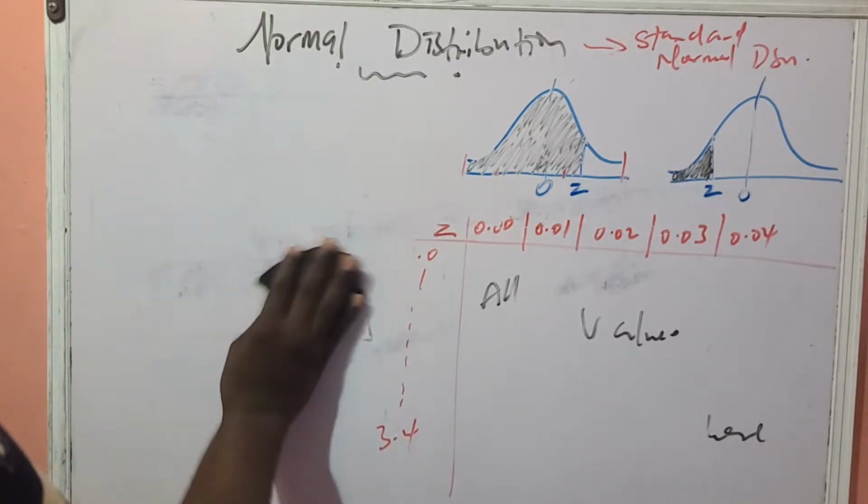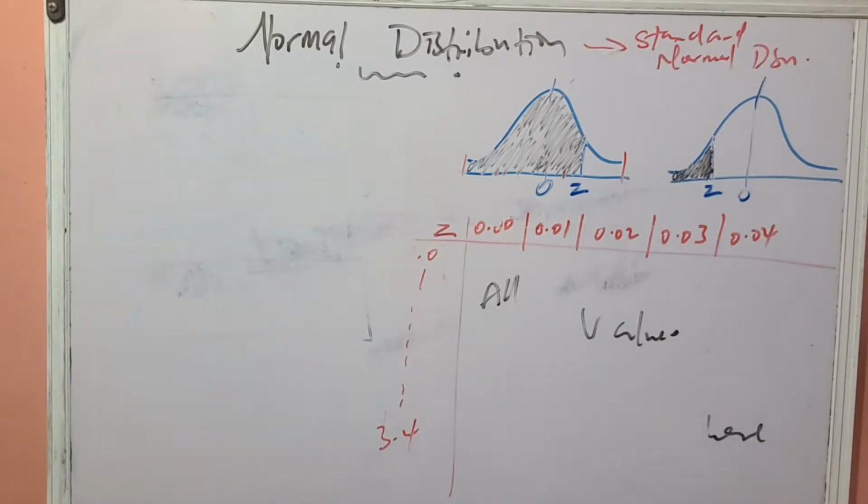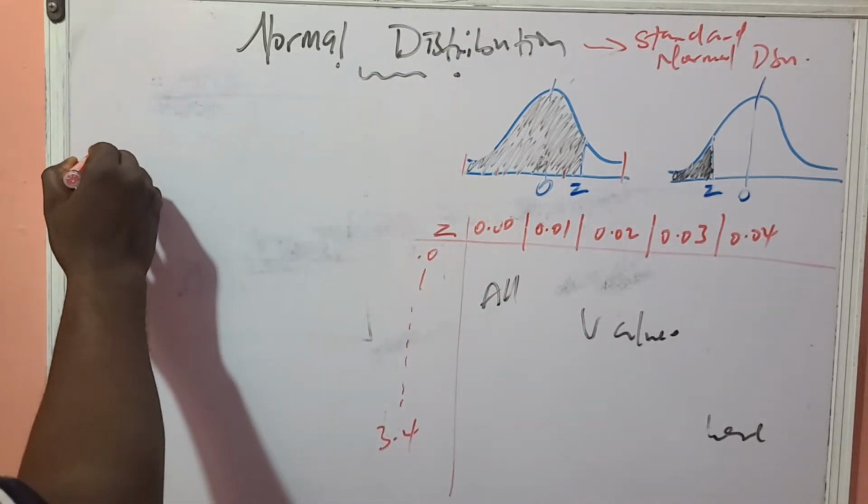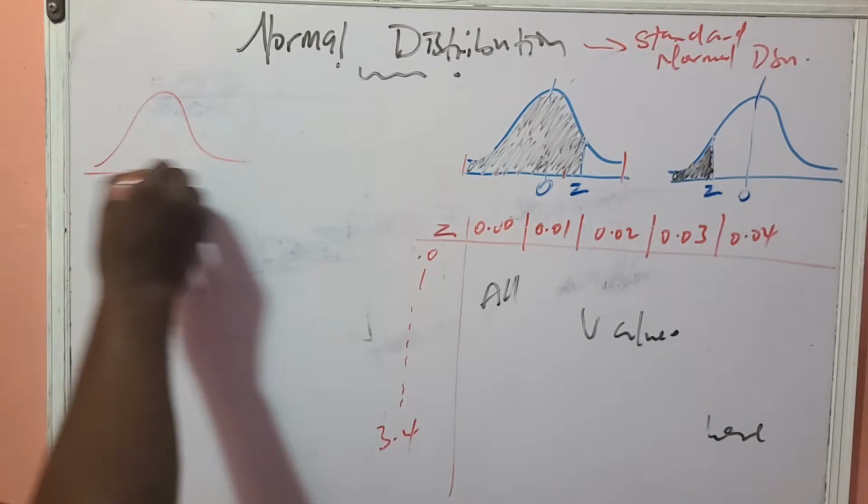Before we even start doing any real-life application, I'm going to use some quick examples to sharpen your understanding of this. So please be very attentive and deal with your table. Let me give you a question. Now let's assume, I'm just going to assume.